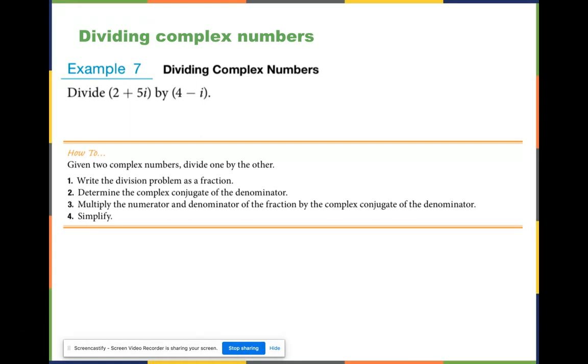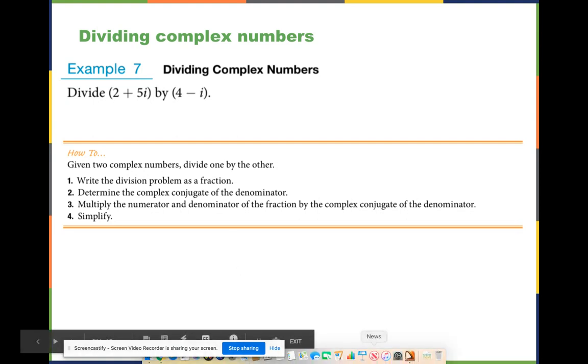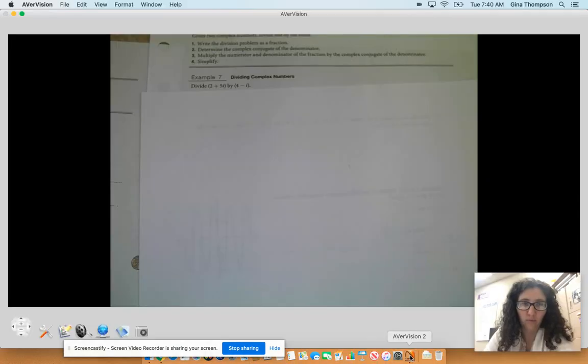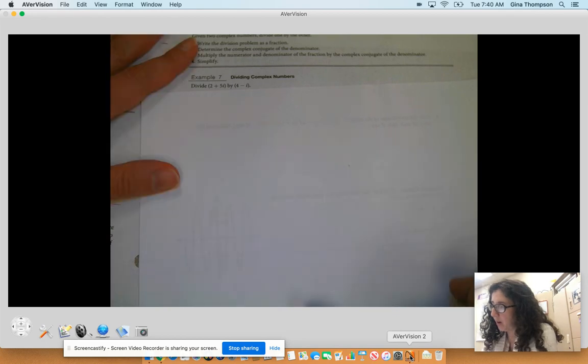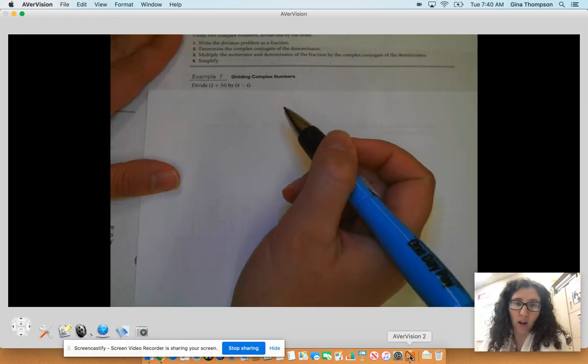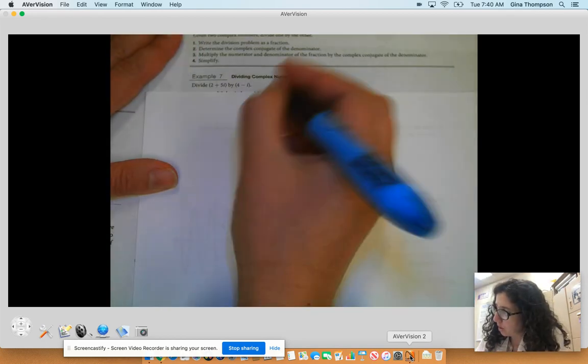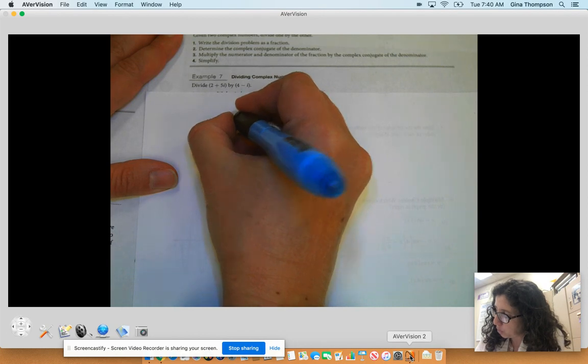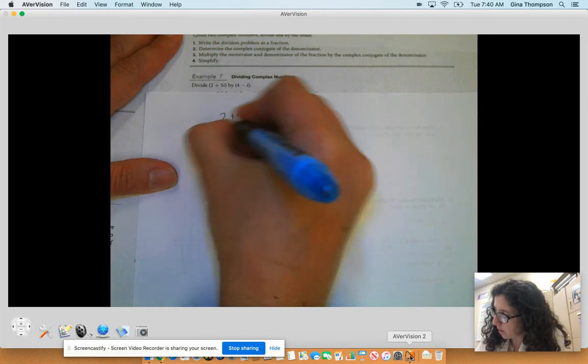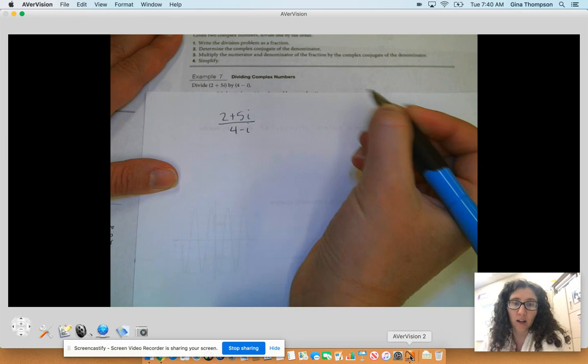So let's do this problem. Let's look at what this would look like. We have 2 plus 5i divided by 4 minus i.